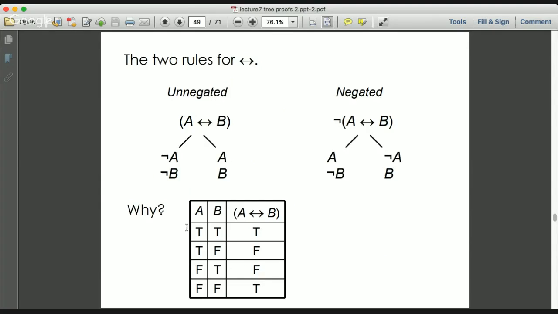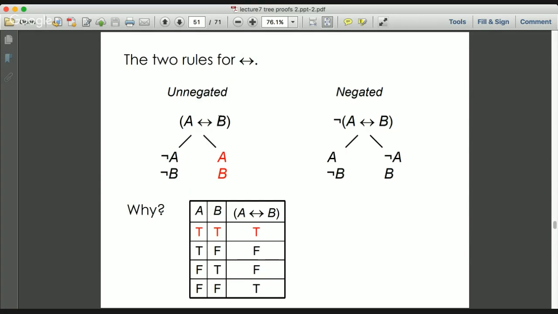The reason that we do that is, if you think about it, look at this hand side, the not A and not B underneath it. That's one of the ways of making this unnegated biconditional true. It's true when both of its elements are false. The other way of doing it is if they're both true. Basically, a biconditional just says that whatever's on each side have the same truth value as each other.